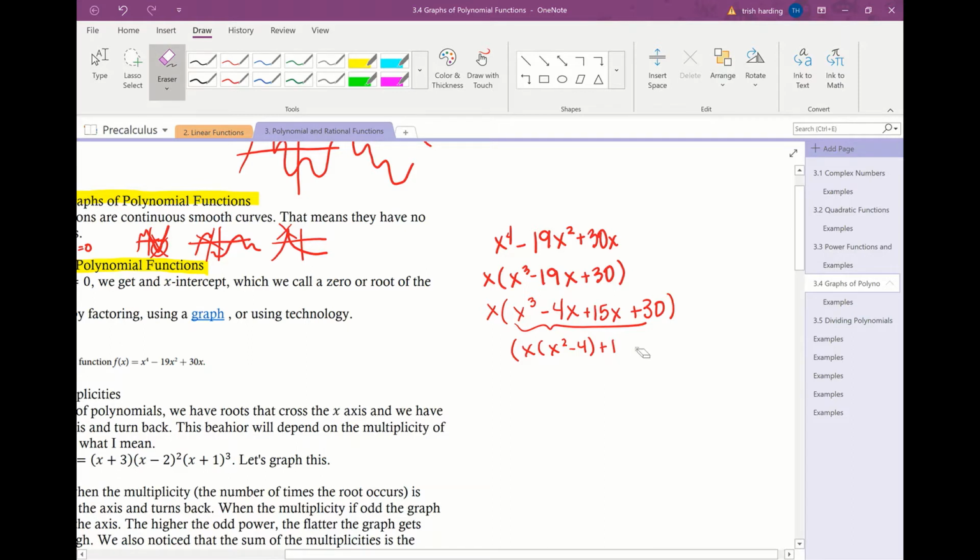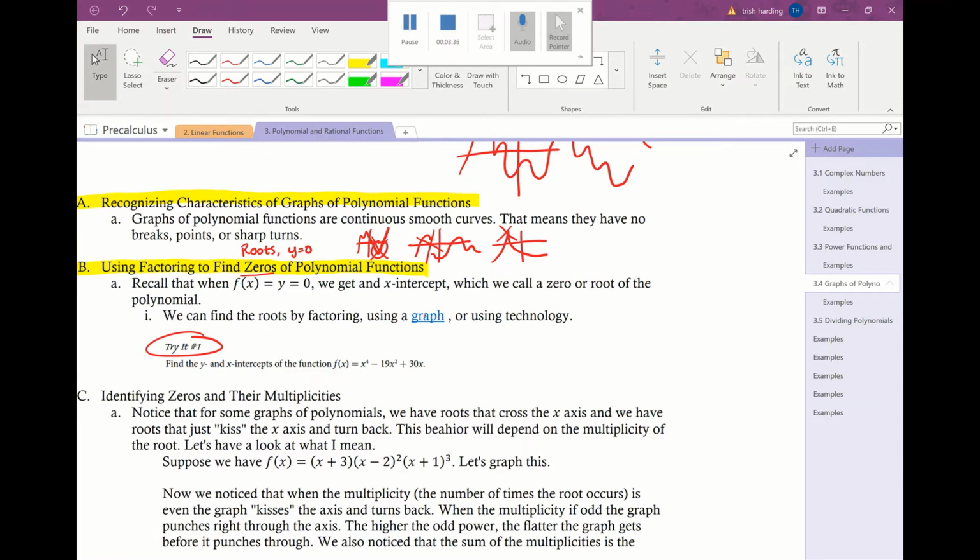And you know, we'll go ahead and use a graph on this one.